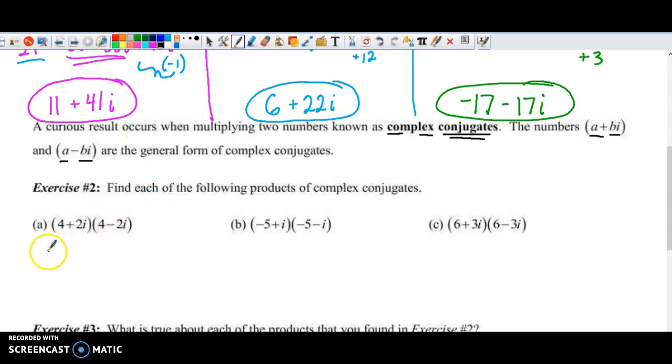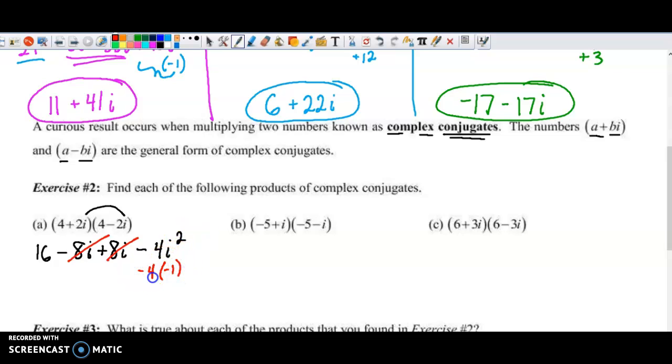So when you go to FOIL this, 4 times 4 is 16, what you'll notice is the outside and the inside terms cancel each other out. And then 2i times -2i, as I do my last term, is -4i squared. So what's super important here is the outside and inside terms cancel. i squared is equal to -1.